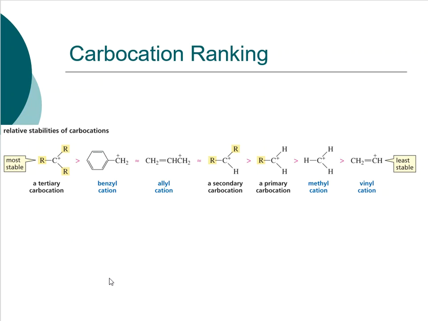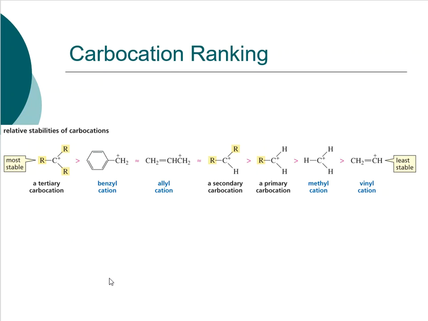We rarely see these, though, in reactions, and the only time that we would see something like this is if they were really super simple molecules. But tertiary comes first, benzyl is next because of the resonance forms, then allyl.